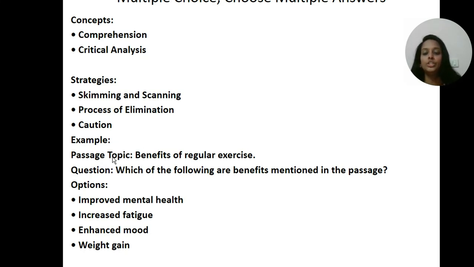Example here, the passage topic is benefits of regular exercise. And you're getting a question such as, which of the following are benefits mentioned in the passage? So you have read the passage, it's about regular exercise. And the options given here are improved mental health, increased fatigue, enhanced mood, weight gain. So what could be the right option? Let's see it.